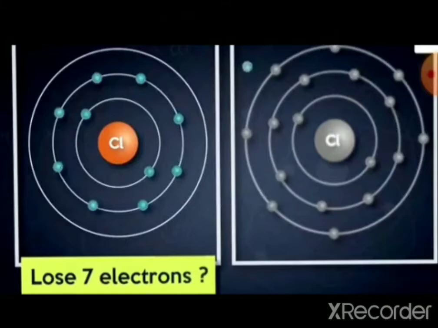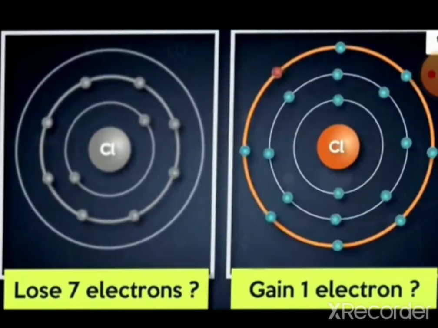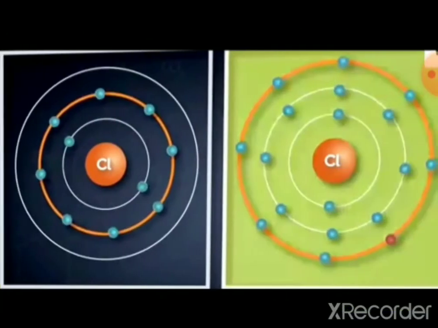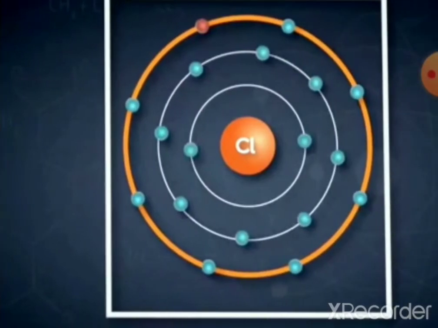Is it easier to lose 7 electrons, or easier to gain 1 electron? If chlorine loses 7 electrons, it is very hard for chlorine. Chlorine cannot handle losing 7 electrons. So obviously it is easier to gain 1 electron to complete its octet.